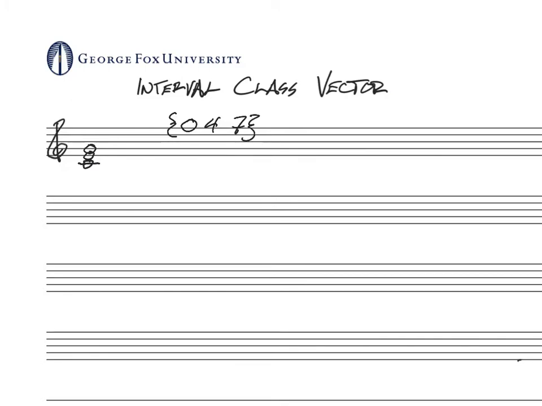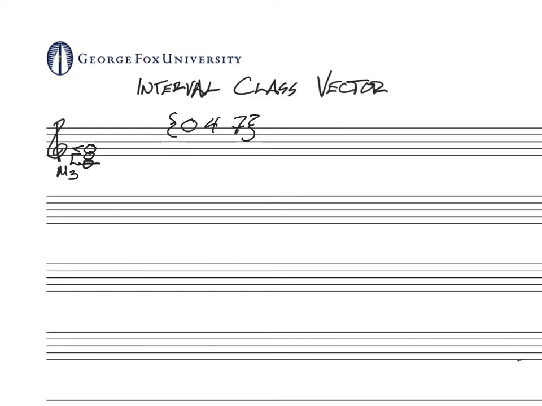All right, so this is a C major triad. It is a trichord, as our definitions for pitch class sets have gone. It's a pitch class set with 3 elements. And within this pitch class set, there are 3 intervals. Between the root and the third, there's a major third.